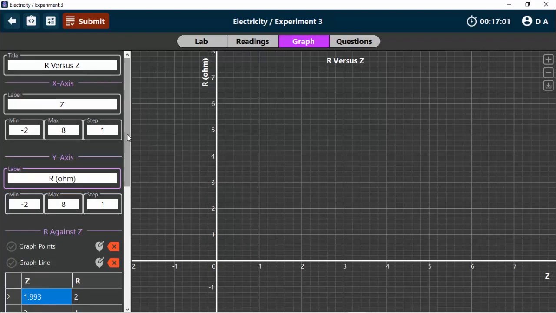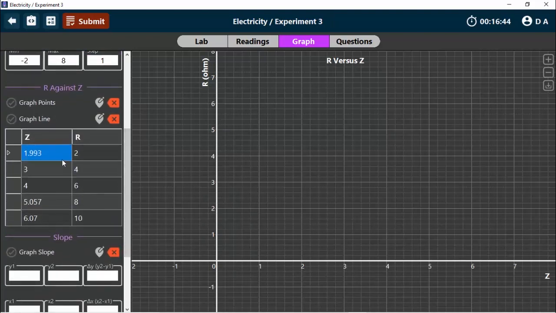So once you've sorted out the labels, the next is to define the scale of the graph. So how many units do you want to have on the y-axis and on the x-axis? One way to get your scale very quickly is to take a look at the minimum and the maximum value on each axis.